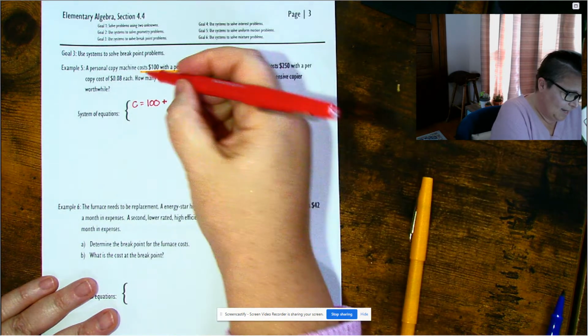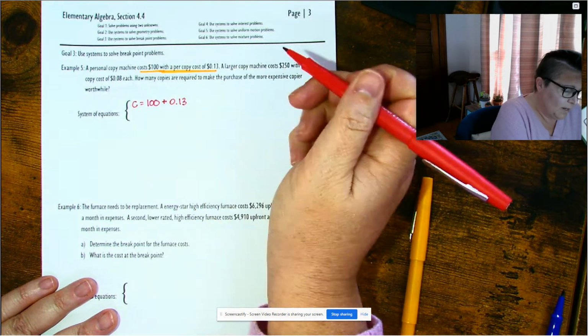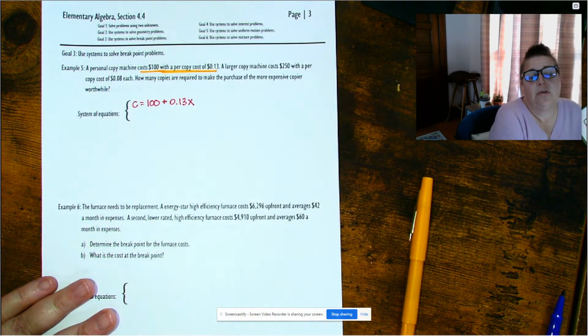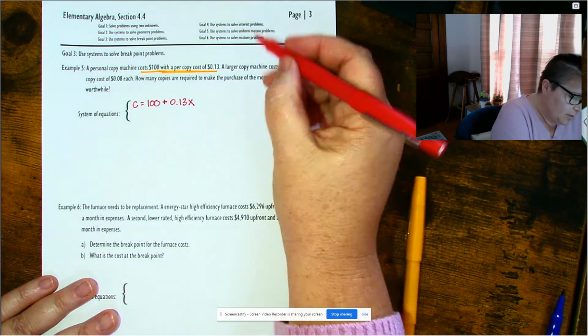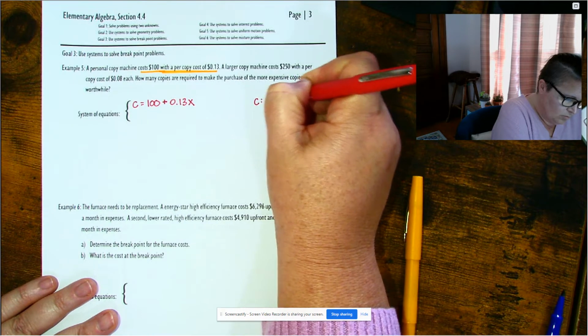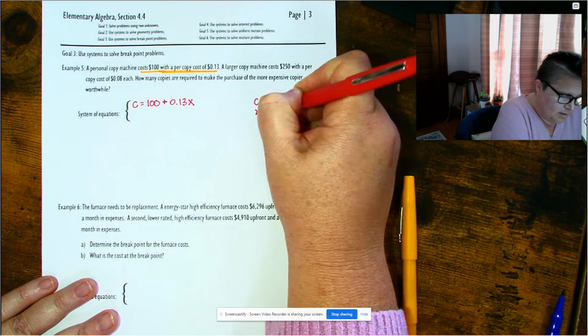And we're going to add to that 13 cents for each piece of paper you use. I'm going to say x, or 13 cents for each copy. So right now, I'm letting the C be the cost total, and I'm letting x be the number of copies.